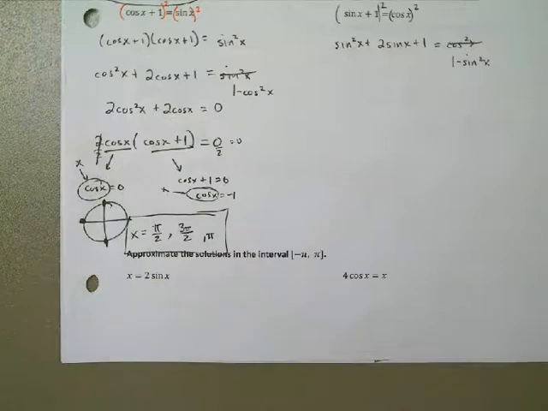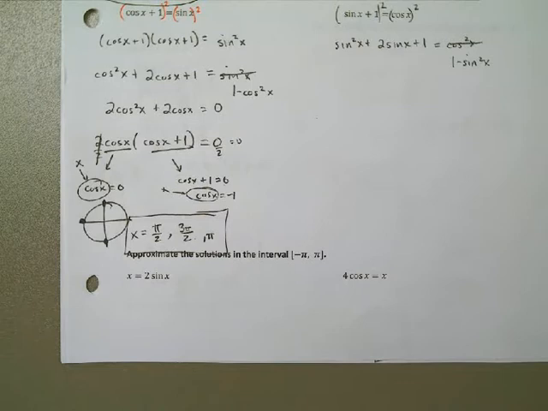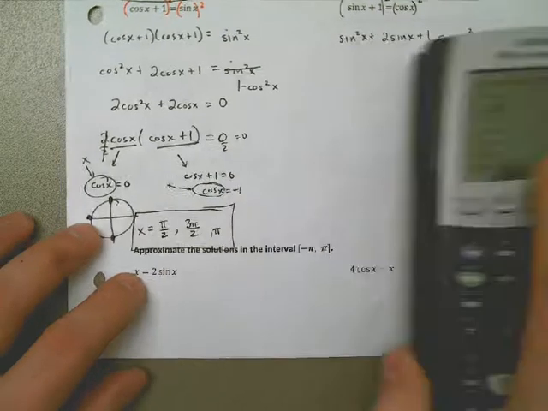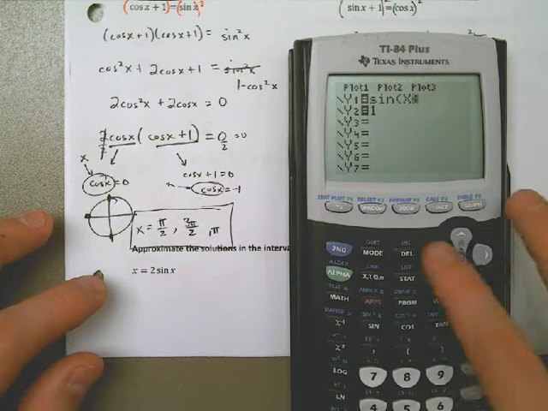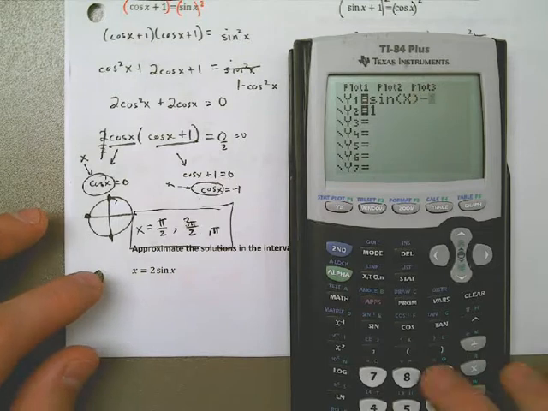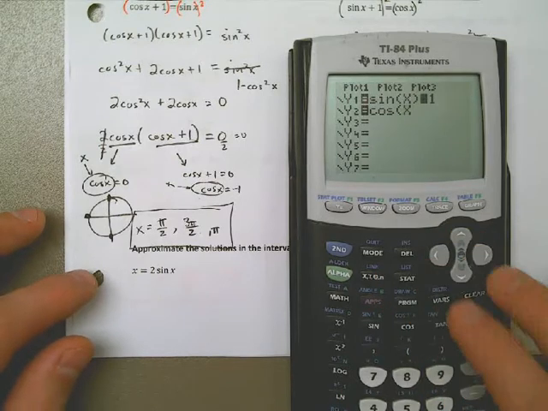Keep in mind, this whole time we could have done this. The left side of the equation is sine of x plus 1, and the right side of the equation is cosine of x. And I could have said, okay, between 0 and 360.